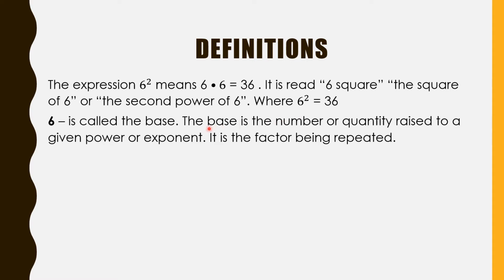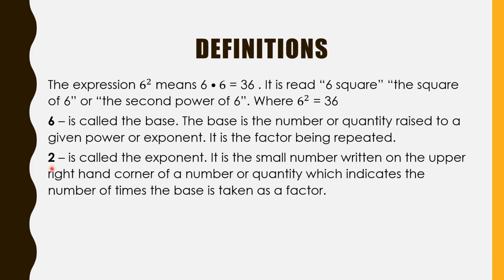So in 6 squared, the base is the number or the quantity raised to a given power or exponent. It is the factor being repeated. Then 2 is called the exponent.